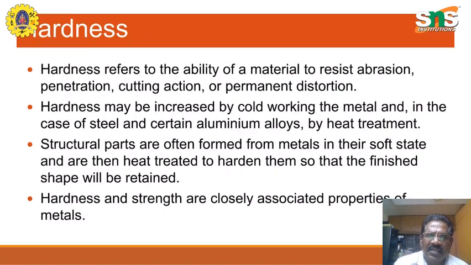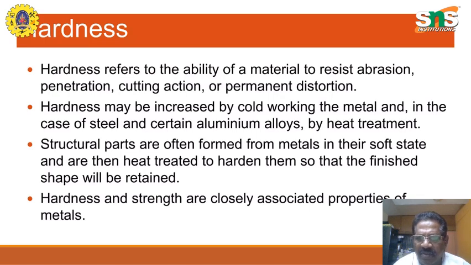Hardness. Hardness refers to the ability of the material to resist abrasion, penetration, cutting action, or permanent distortion. If I say a material is hard, it means it is going to resist wear and denting. Hardness may be increased by cold working the metal, and in the case of steel and certain aluminum alloys, by heat treatment. There are two ways by which you can work on the material.